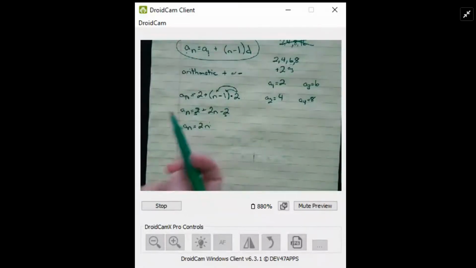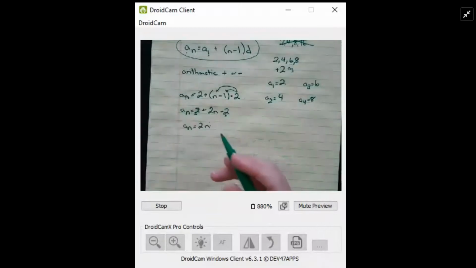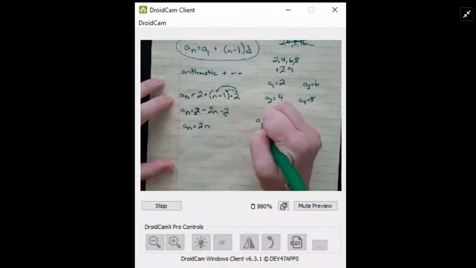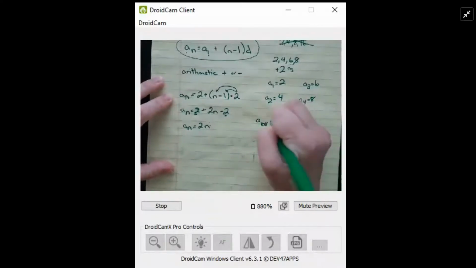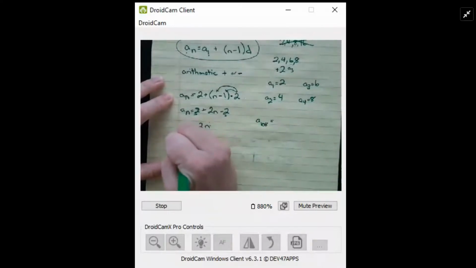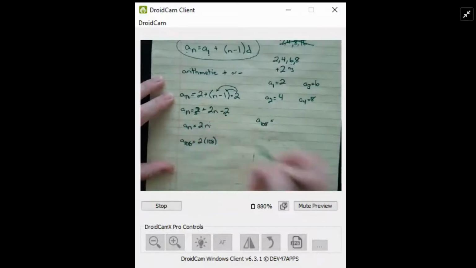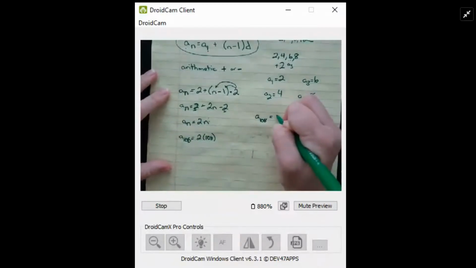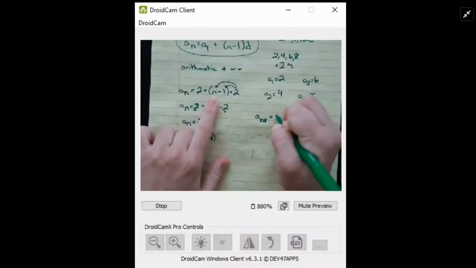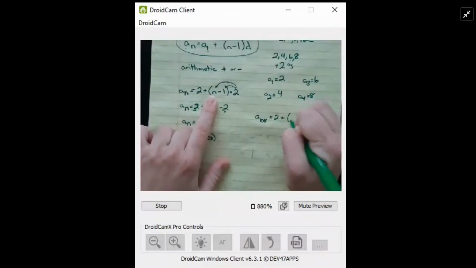So like I said, if you were looking for the 108th number in this sequence, it would be a108. You can use the simplified one and just say 2 times 108. Or you can use the original one that we just filled out. You should get the same thing.